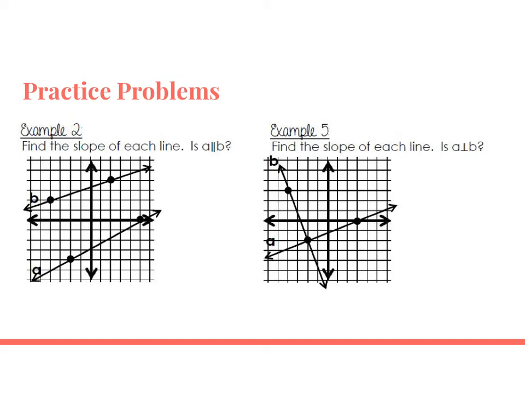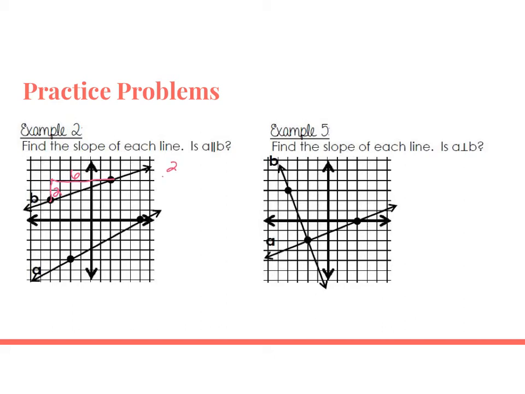So I want you to try these practice problems. Example 2 is looking for whether or not A and B are parallel. Example 5 is looking for whether or not A and B are perpendicular. So looking at example 2, I'm going to look at lines A and B. I'm going to come up 2 here and over 1, 2, 3, 4, 5, 6.